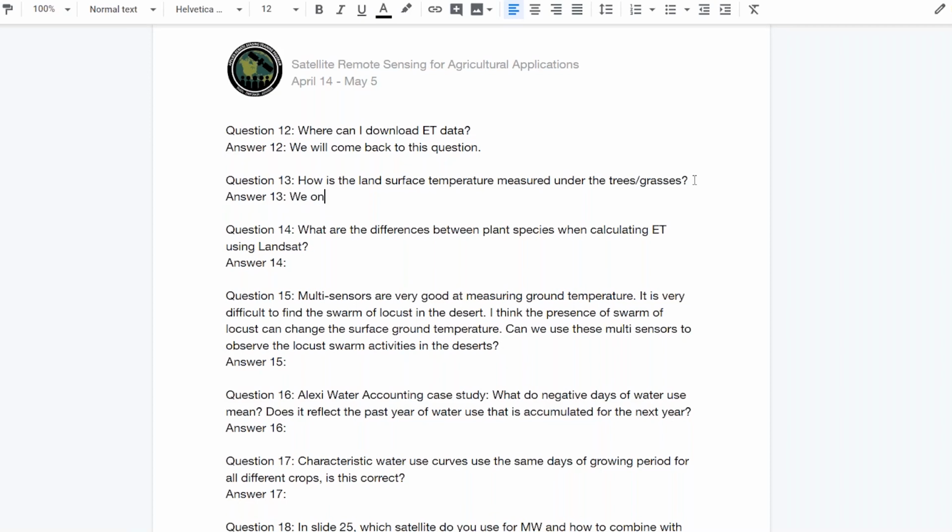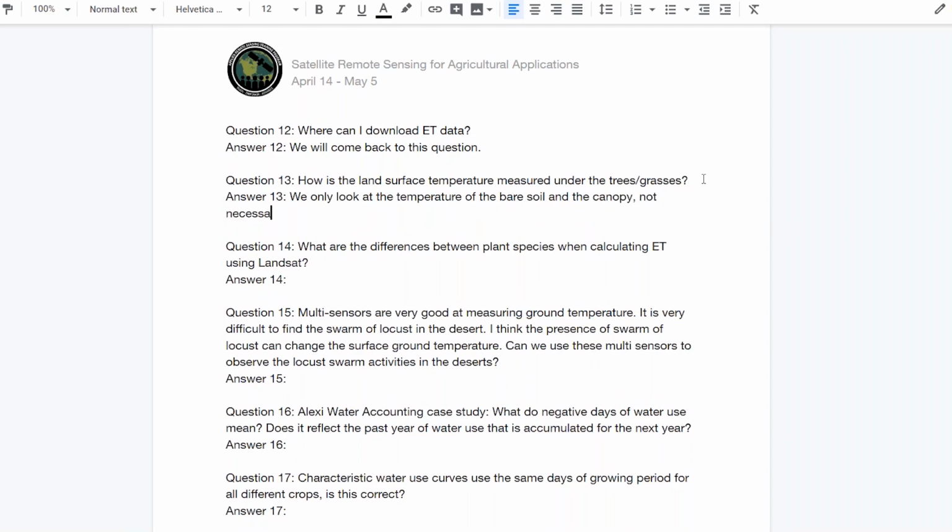I think on some level there is some need in some areas, especially in savannas where you have more sparse tree cover, but from a modeling standpoint it is difficult. You need to almost go to a three-source model where you're also trying to model the under-the-canopy state.